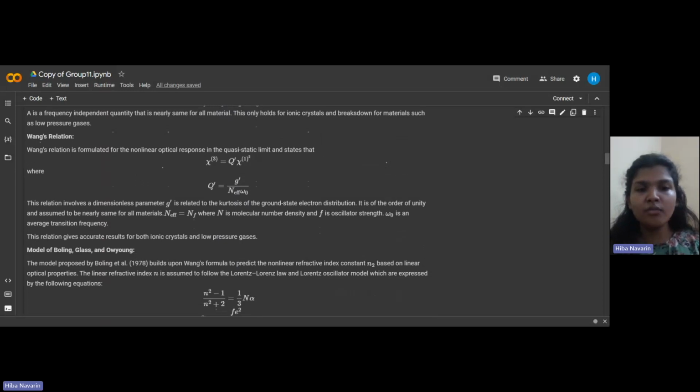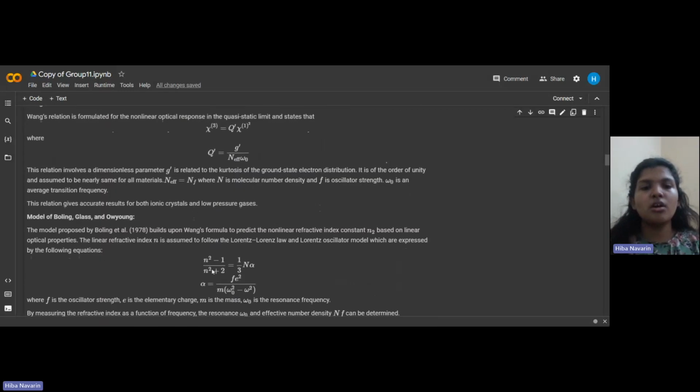And now we will be discussing another model of Boling, Glass, and Owyoung. Here they have decided to extend the nonlinear refractive index. They are going to predict the nonlinear refractive index constant based on the linear refractive index constant and the linear properties. So we have expressions for the linear refractive index from the Lorentz law as well as the Lorentz oscillator model.